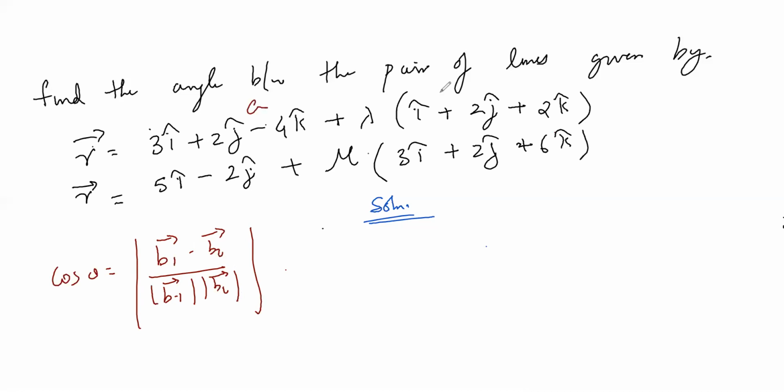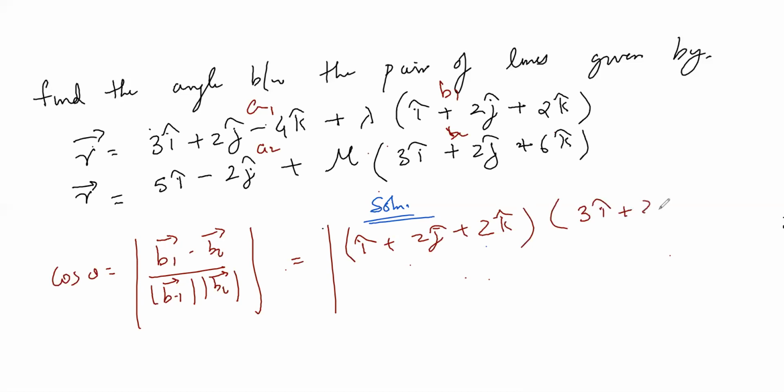This is a1 plus lambda b1, or a2 plus mu b2. So b1 is i cap plus 2j cap plus 2k cap, and b2 is 3i cap plus 2j cap plus 6k cap.